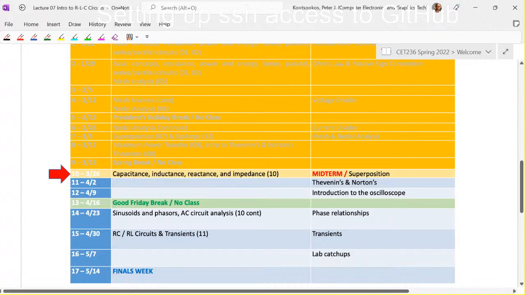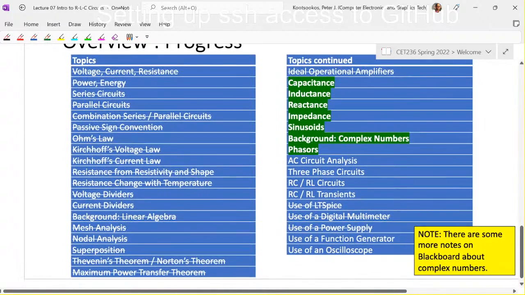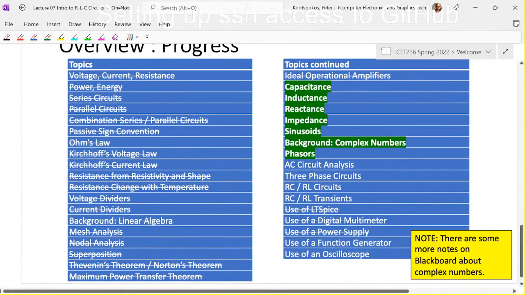Okay? So all the mesh analysis, nodal analysis, superposition, Thevenin and Norton, well, let's go through the list. Ohm's law, parallel circuits, series circuits, Kirchhoff's current law, Kirchhoff's voltage law, voltage dividers, current dividers.